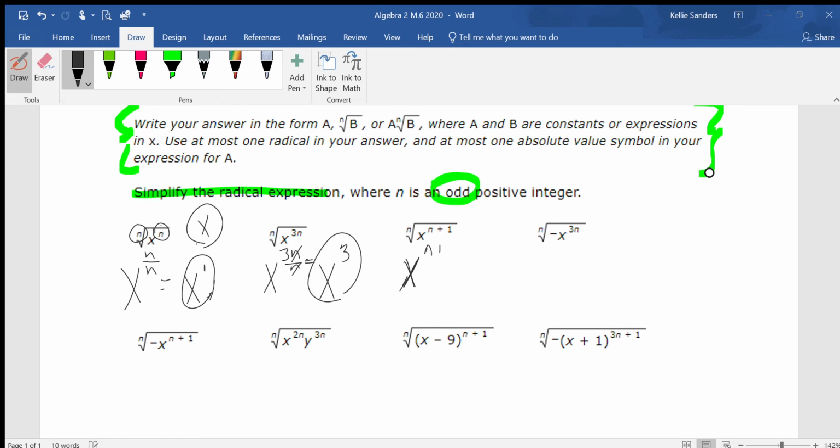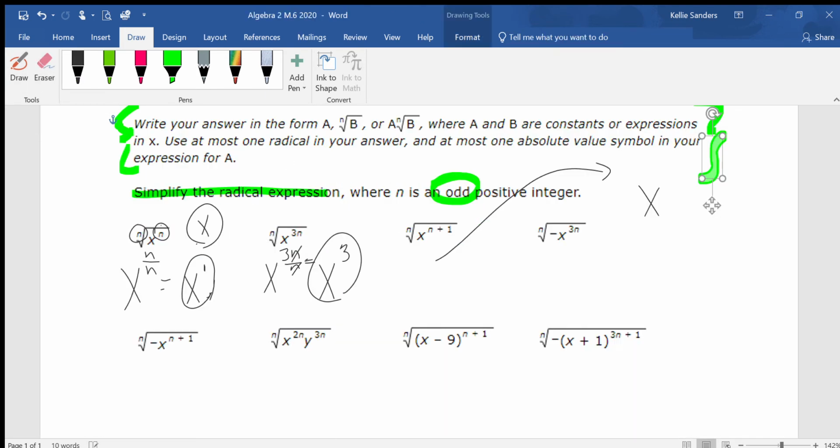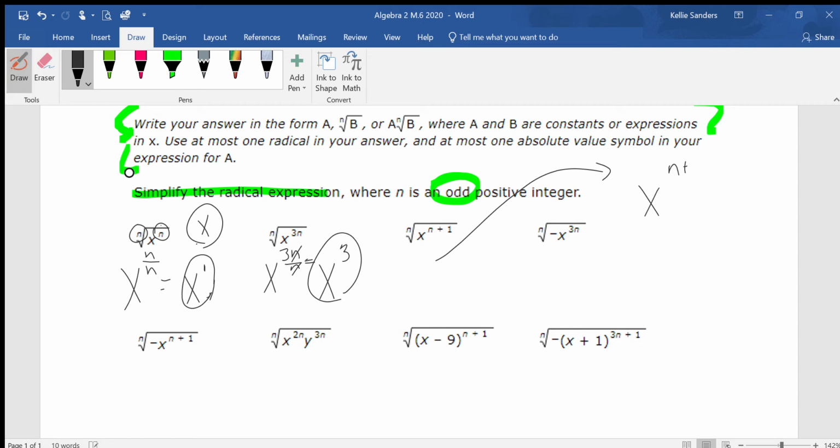If I have, actually, let me erase this and do it where I actually have room to write. Right here. So we have x to the n plus 1 over n.